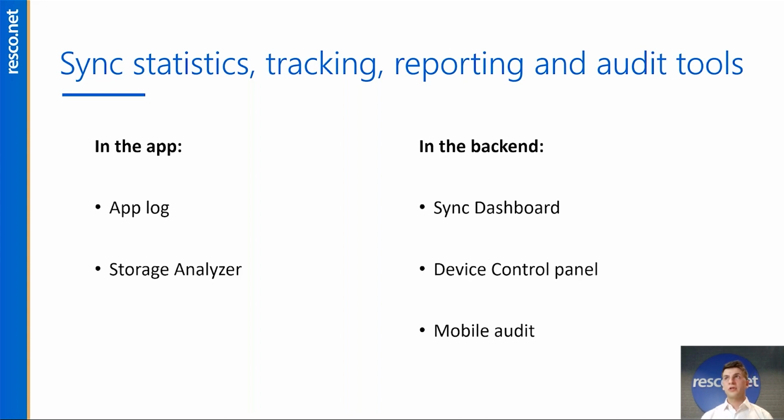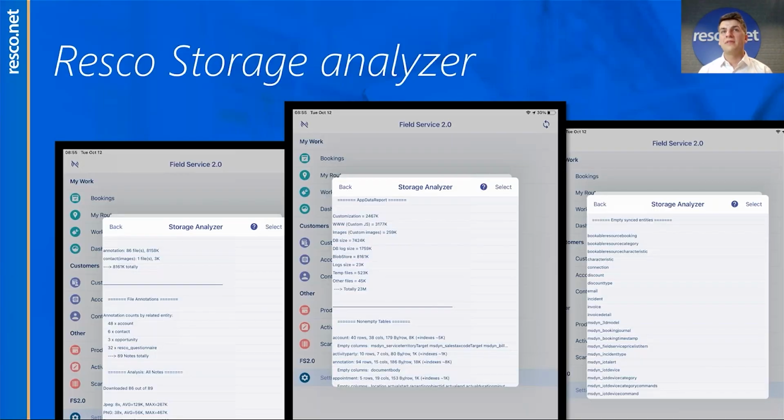So Resco offers a wide set of tools for both the application and for the backend. We'll go through them. So in the application is the storage analyzer, which gives you options to perform high-level analysis of the data which is currently synced in the offline database.